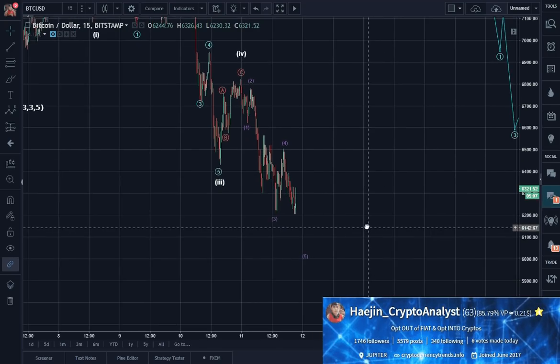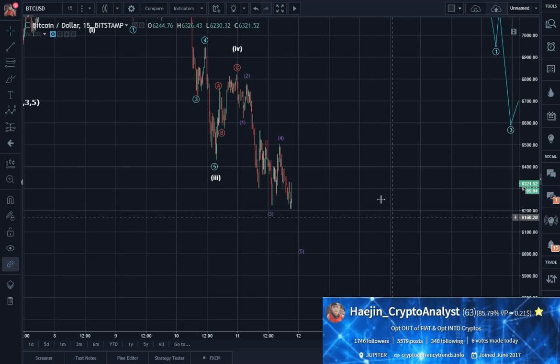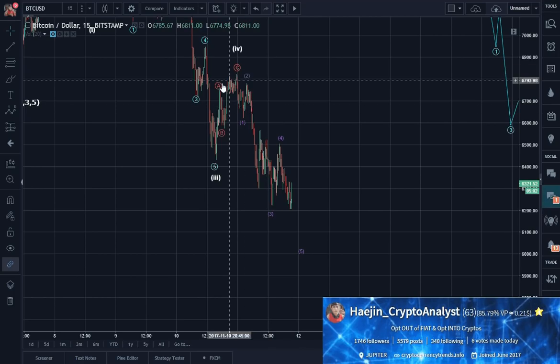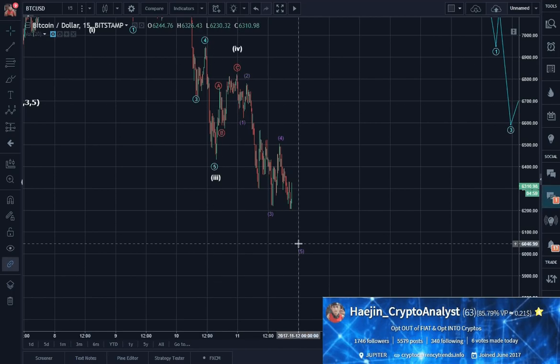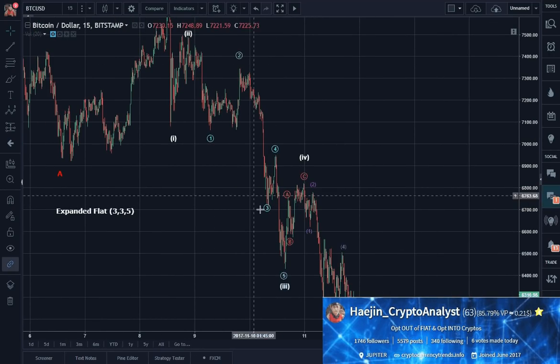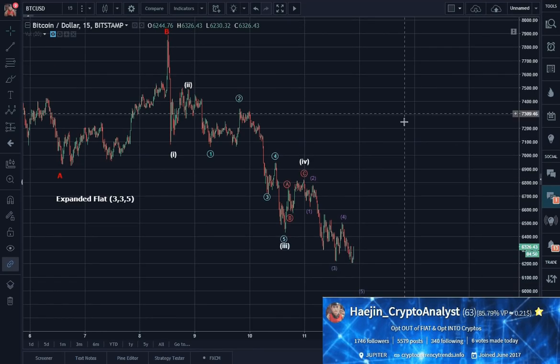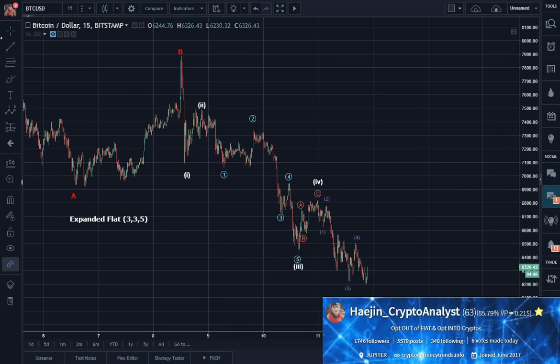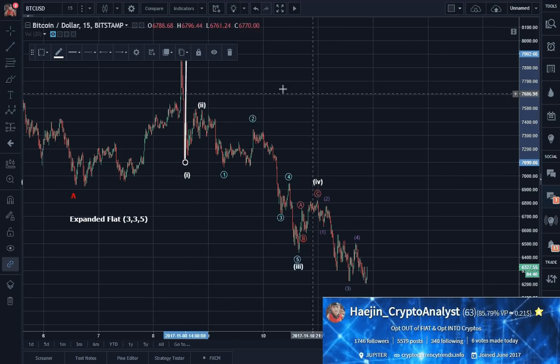This is very interesting. So we have 3, 4, and the subwaves of wave 5. So this means wave 3 is the extended. Now I'm going to take the length of wave 1 to be approximately that.